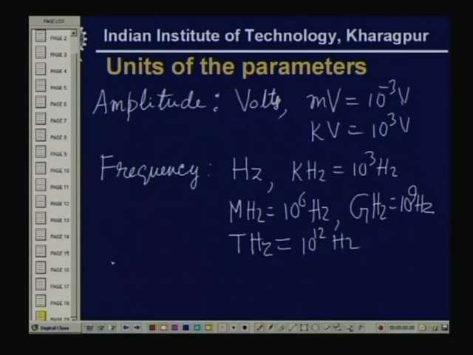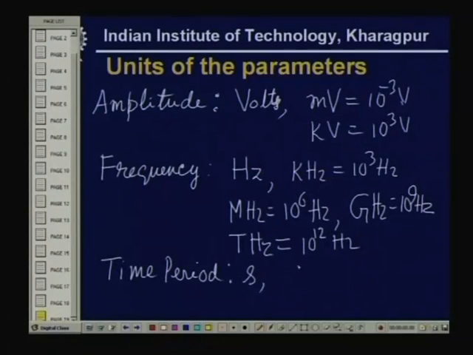Similarly, for time period, or sometimes we call it period, the basic unit is second, which we represent by s. But sometimes we have to deal with very small time or very long time.